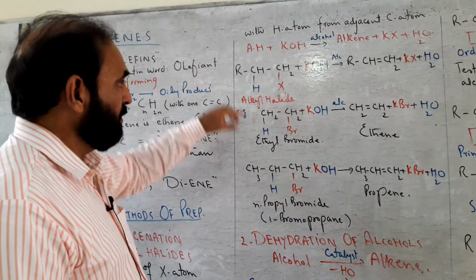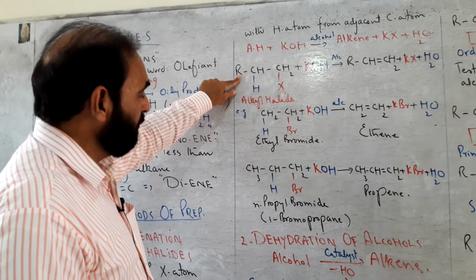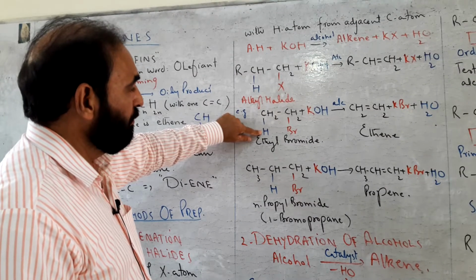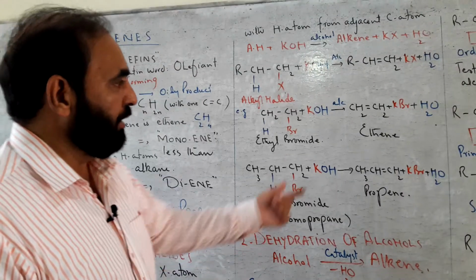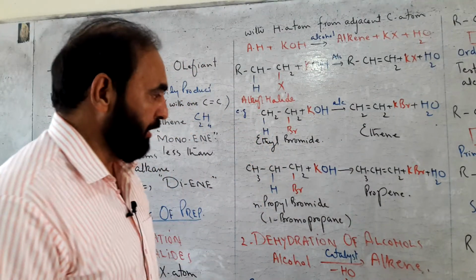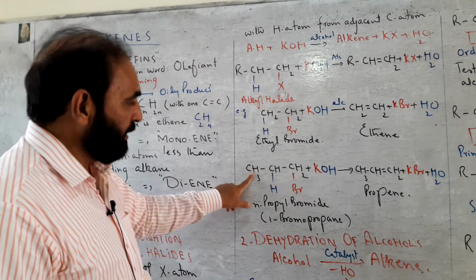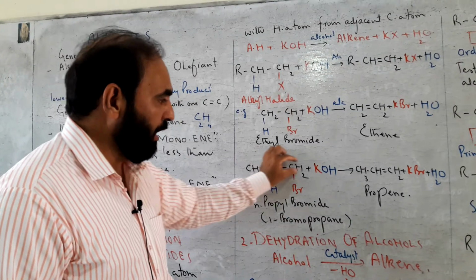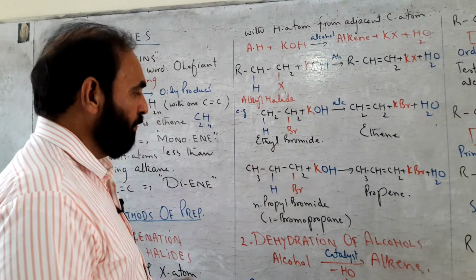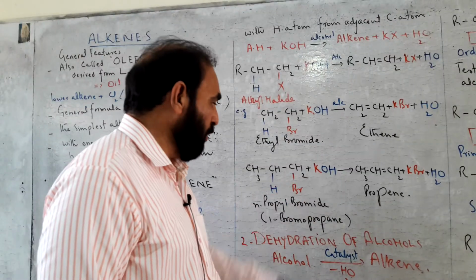Let's give examples by replacing R. First of all, we replace R with H. We get ethyl bromide, which gives ethene after dehydrohalogenation. If we replace R by CH3, we get n-propyl bromide, with these three carbons in linear form. They are n-propyl, and Br stands for bromide.